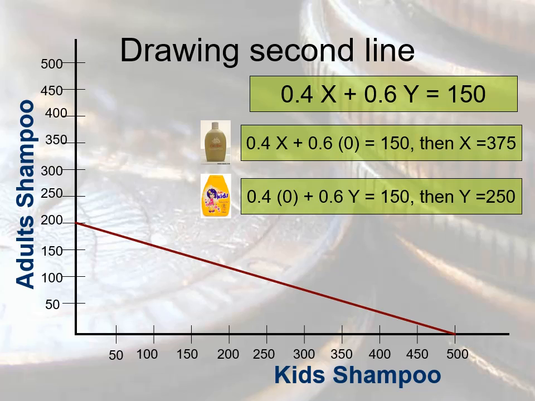So under the filling department constraint, the maximum production of adult shampoo is 375 and the maximum production of kids shampoo is 250. So we draw a line between the adult shampoo 375 and the kids shampoo 250.